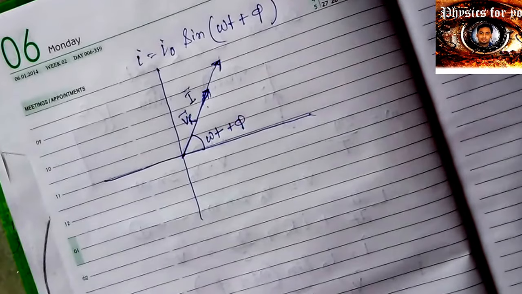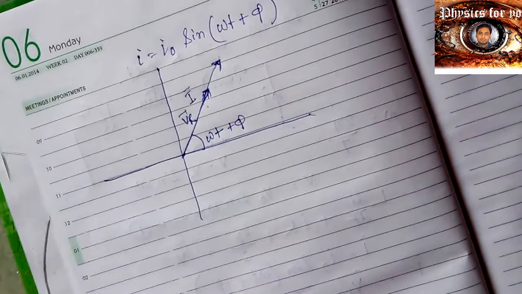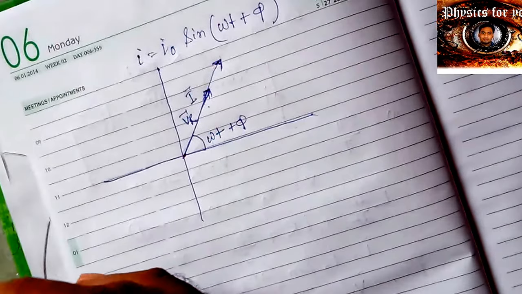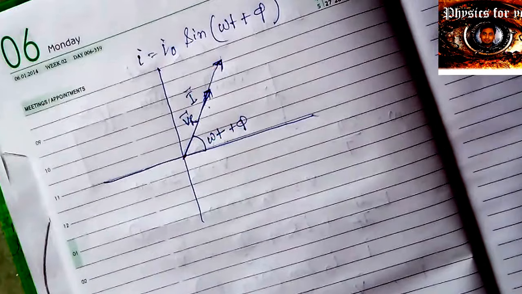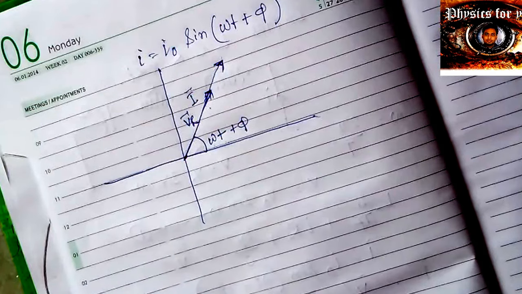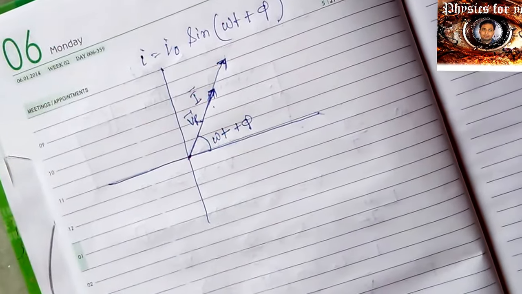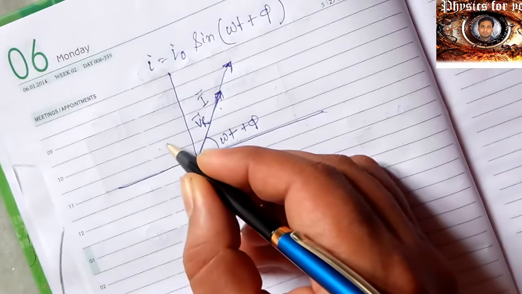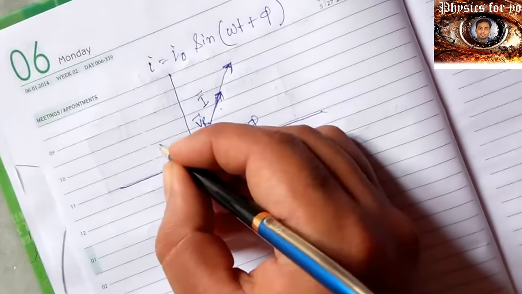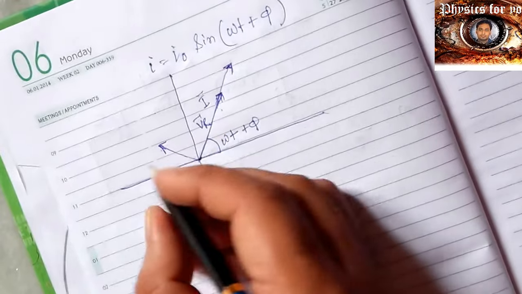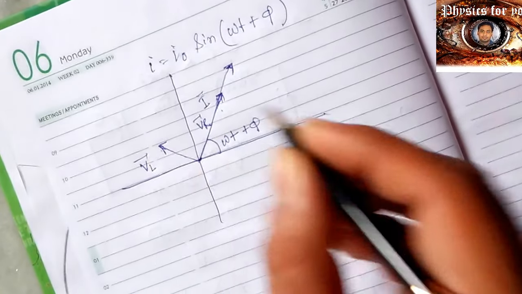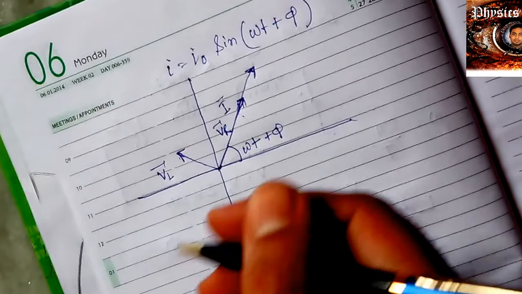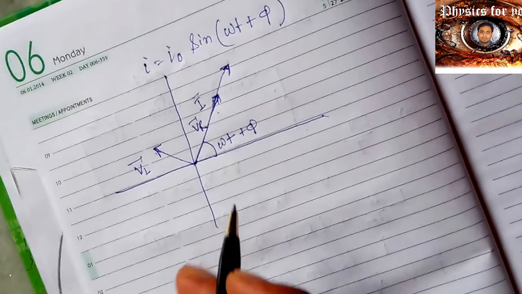Again, the voltage across the inductor was leading the current by a phase angle pi by 2. That is, the current was lagging behind the voltage by pi by 2. So this is VL. And what about VC? VC lags behind the current by a phase angle pi by 2.